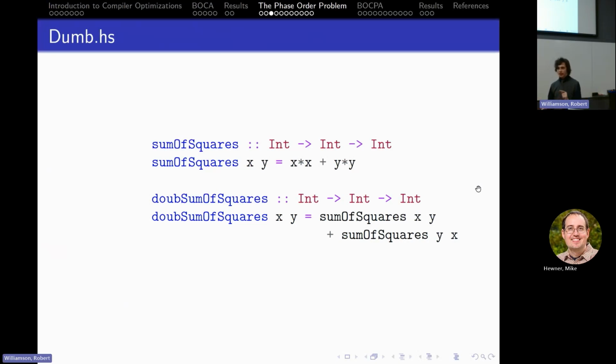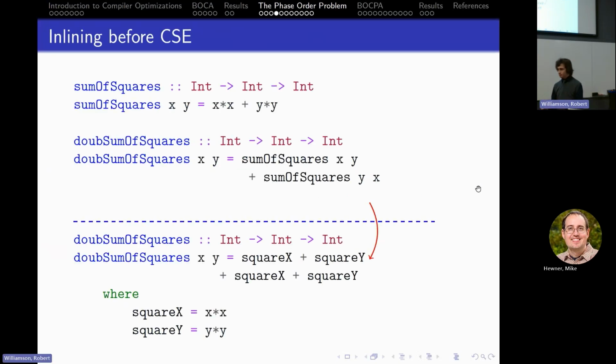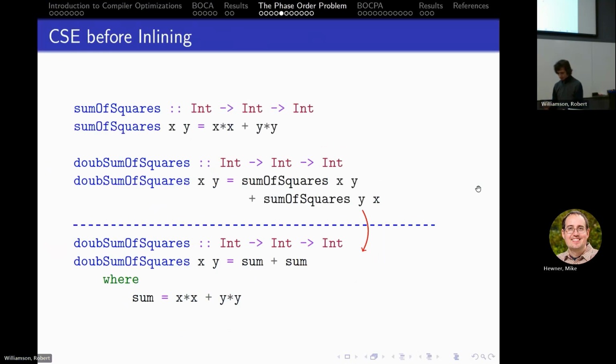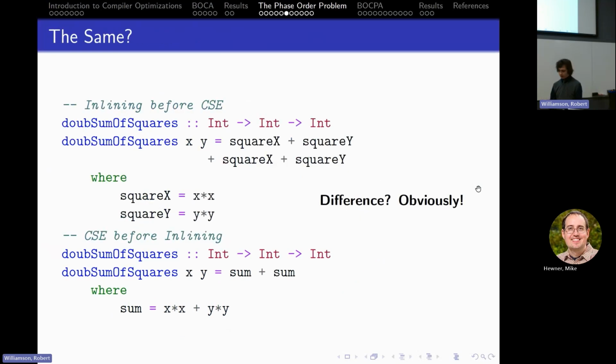Now, if we apply function inlining before we apply common sub-expression elimination, we get this code. And if we apply common sub-expression elimination before we apply inlining, we get this code. Now, you don't have to be a genius or a master in Haskell to understand that these two just look different.